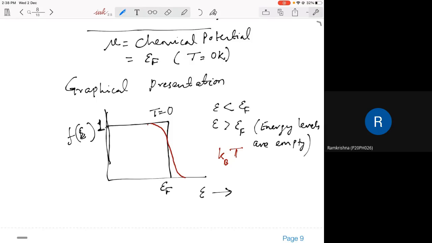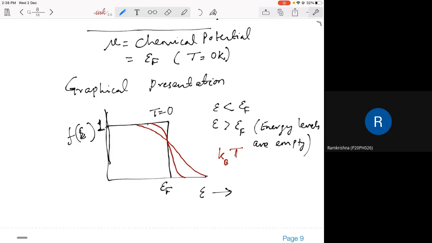As you keep on increasing the temperature, you will find more and more electrons above the Fermi level, because they have this thermal energy and can go to higher energy levels. So this is how the distribution of the electrons would be as a function of temperature.